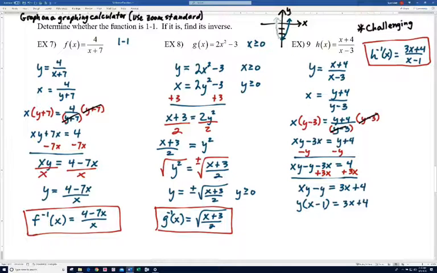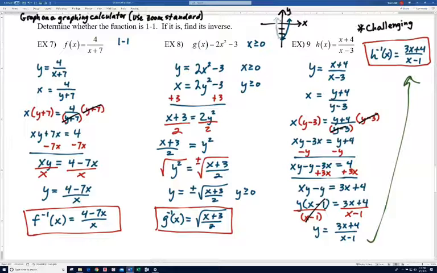On the other side, you still have 3x plus 4. So now, to get y by itself, I can divide by x minus 1. When I cancel my x minus 1's, I get 3x plus 4 over x minus 1. And the only thing left to do is to change it to function form.